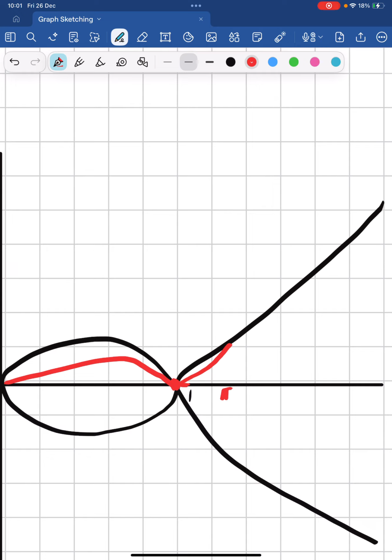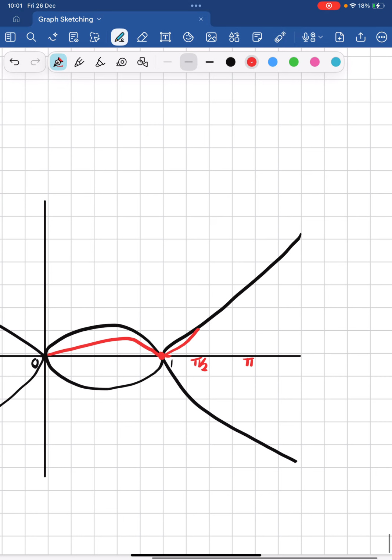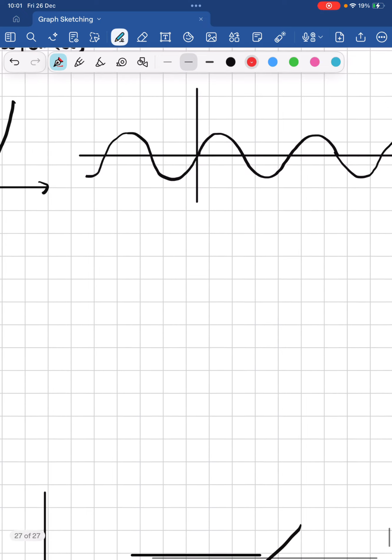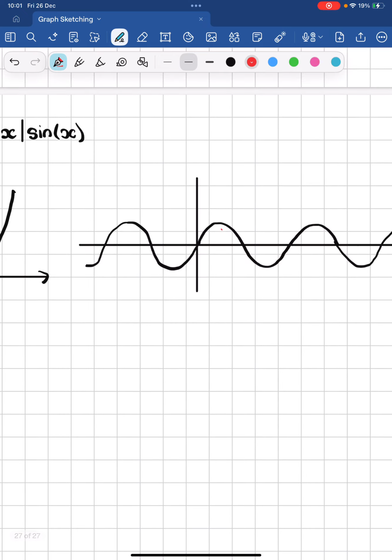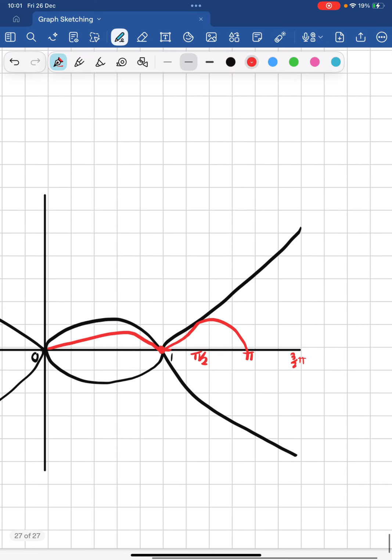So, here pi over 2. And then we have pi, we're going straight back down to 0. And then when we've got 3 pi over 2, we're at minus 1, which is just our minus mod x squared minus x graph.